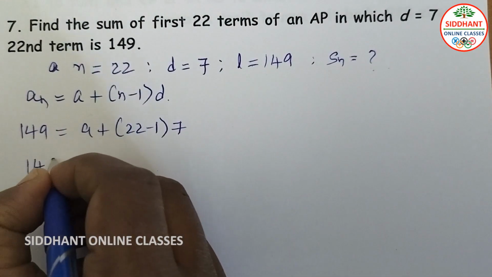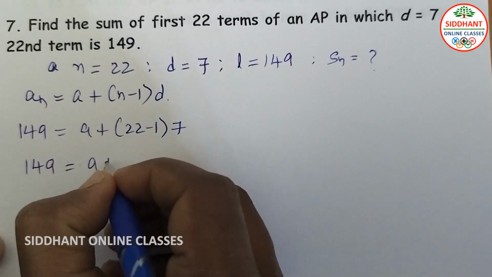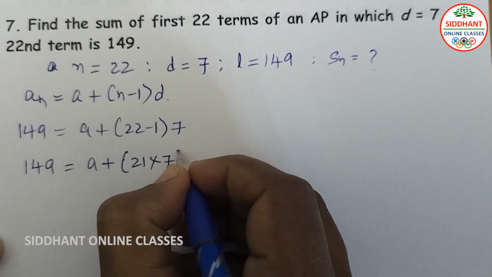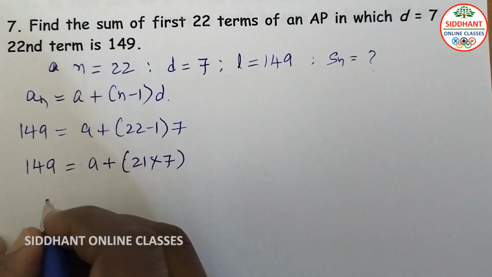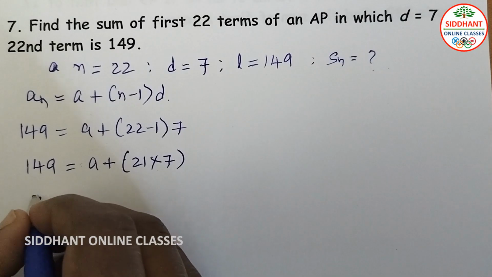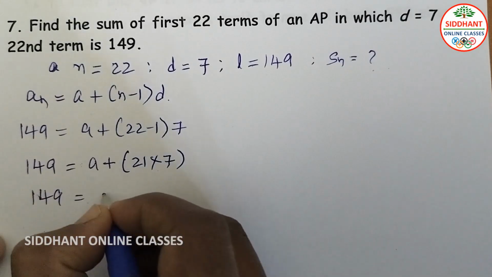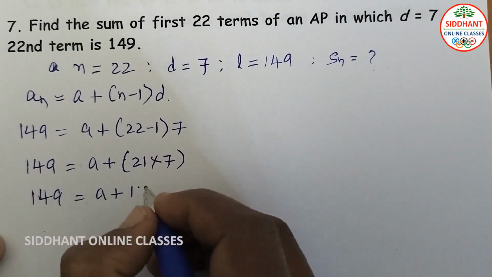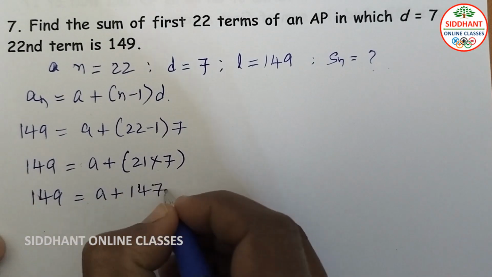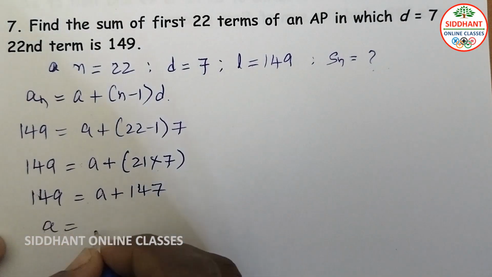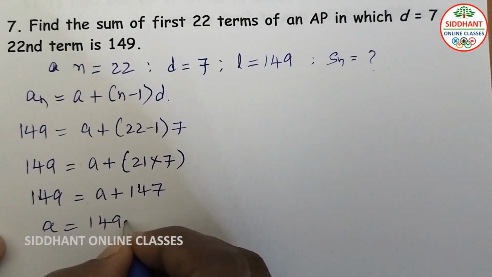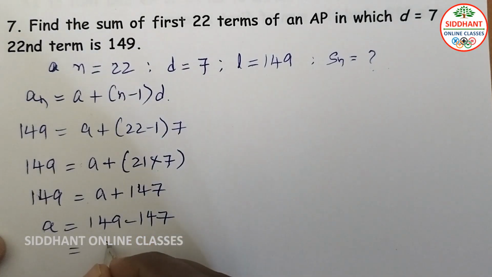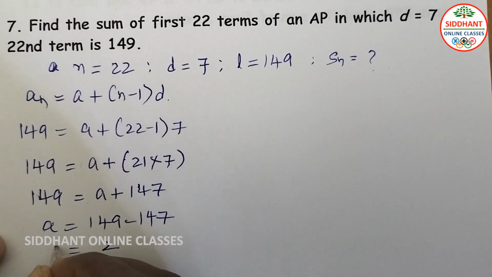So 149 that equal to a plus 21 into 7. Now 149 equal to a plus 147. So a equal to 149 minus 147, and that equal to 2. a equal to 2 here.